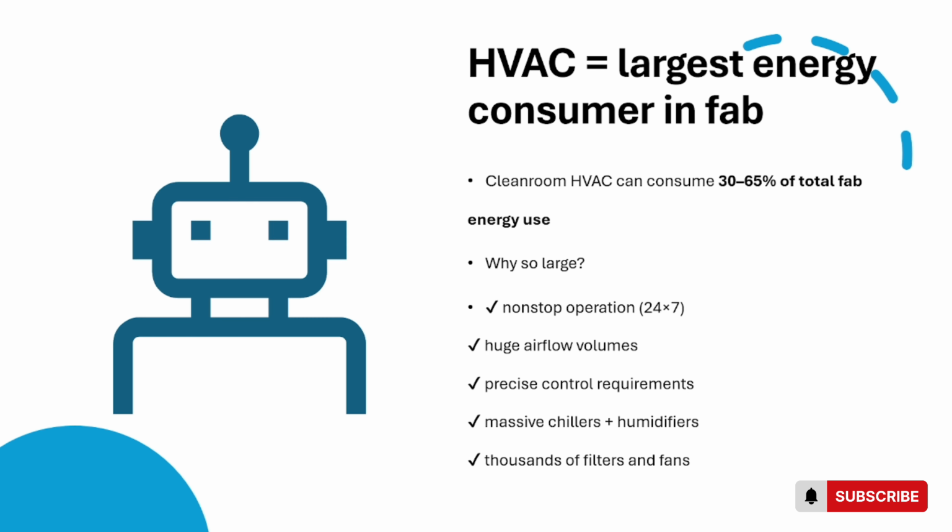Imagine that, in a fab plant, HVAC equipment alone can consume 30 to 65% of the total electricity. This is why companies are investing heavily in AI-based HVAC optimization, smart sensors, and predictive airflow control. Even a 5% efficiency improvement can save millions of dollars annually. So that's why we need improvement in HVAC systems.